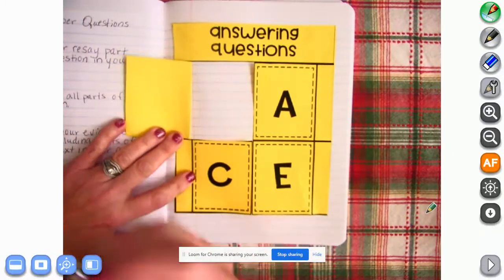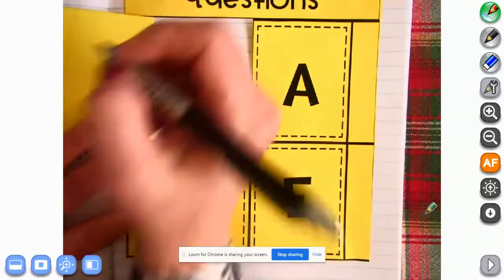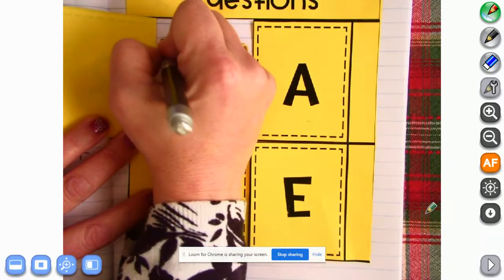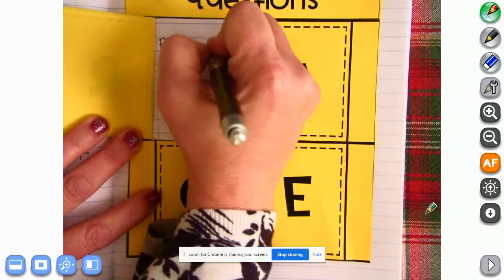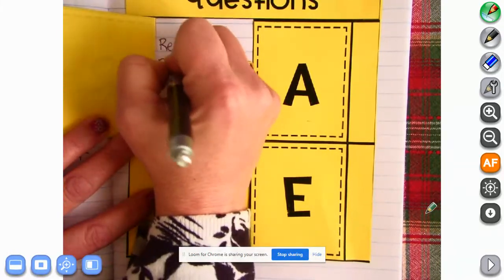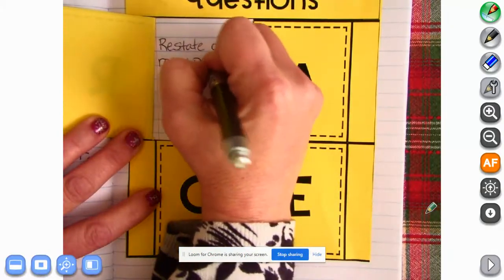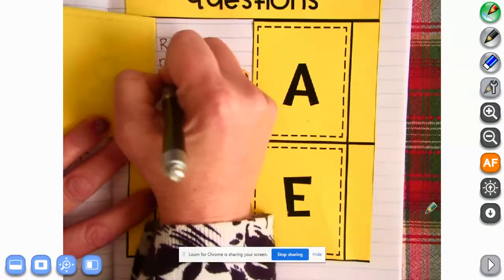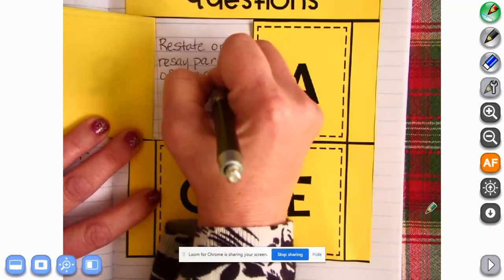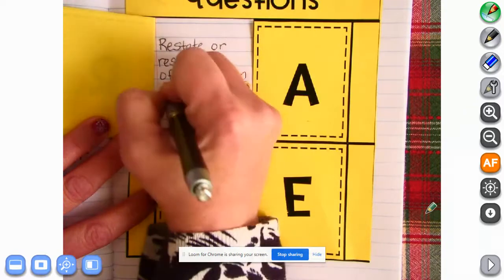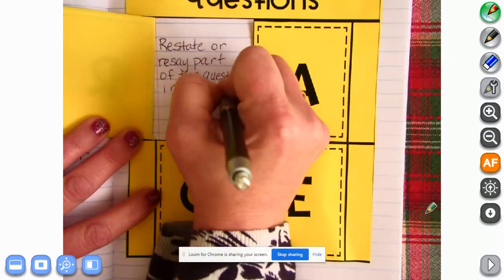Okay, so we're going to say that the R part of it is to restate or re-say part of the question in your answer.